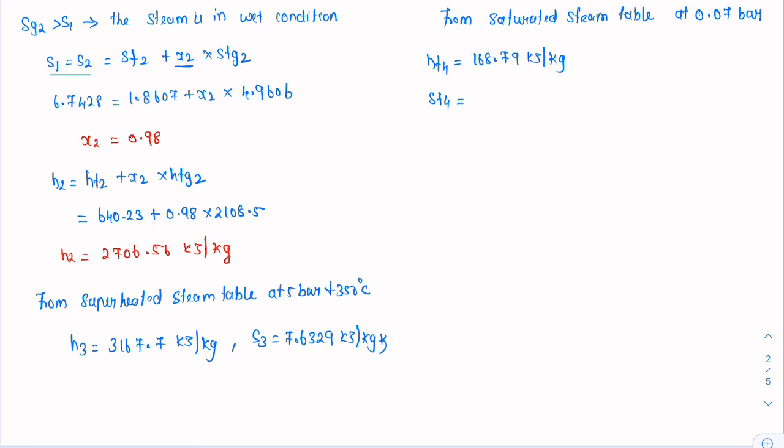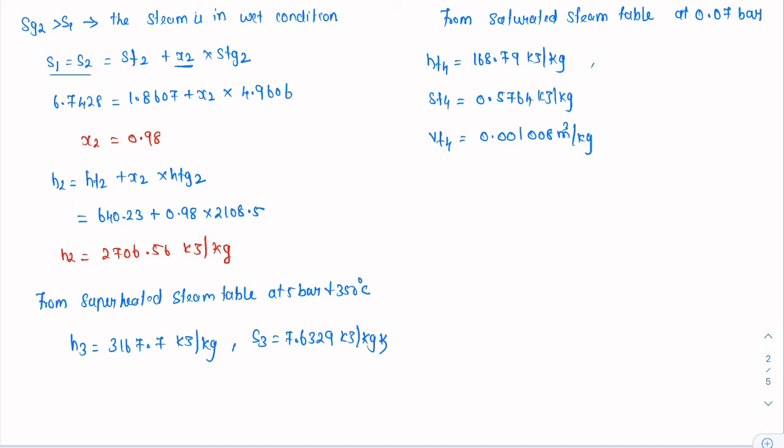Sf4 is equal to 0.5764 kilojoule per kg Kelvin, and Vf4, that is the specific volume at the state point 4, is 0.001008 meter cube per kg.